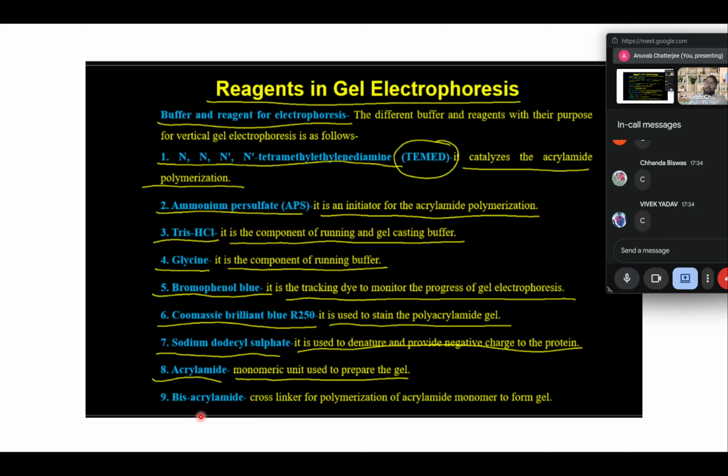Without bisacrylamide, you will not have a gel-like structure. Bisacrylamide causes the entire thing to come together as a gel. And depending on the concentration of the base acrylamide, you can make even tighter gels which have even more limited pore sizes, which will cause even higher resolution of the protein that you are trying to pass through the gel.